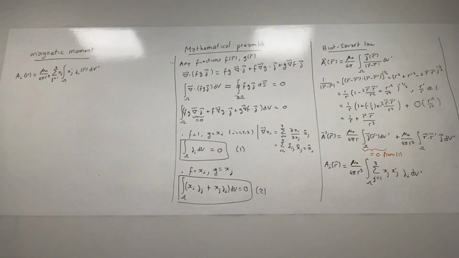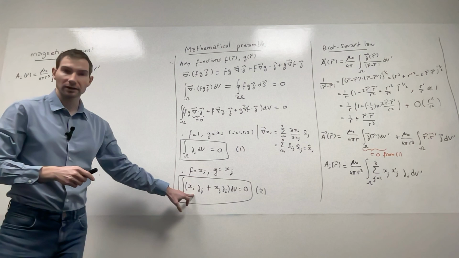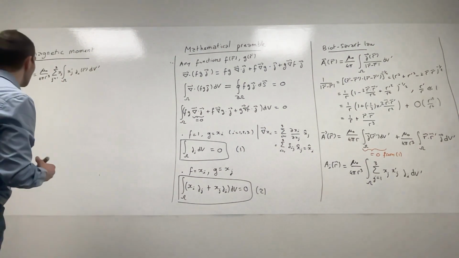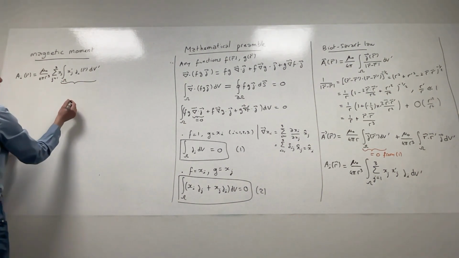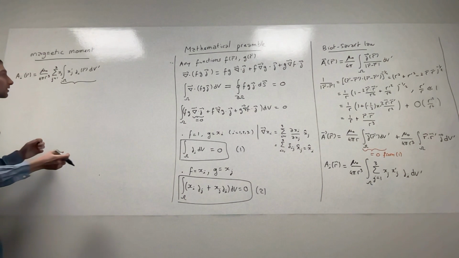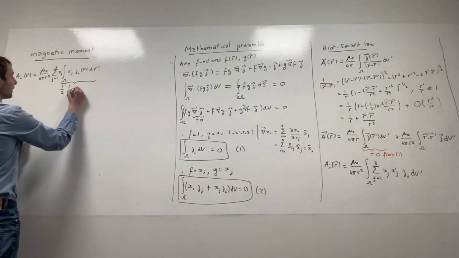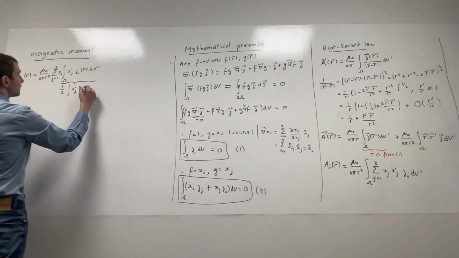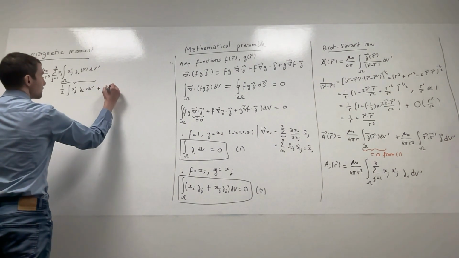But that's where this becomes interesting, right? Because I can use that to write something meaningful. What I'm going to say is that this quantity here, I can write it in a silly fashion as being half of x_j prime j_i dv prime plus half of the same thing.